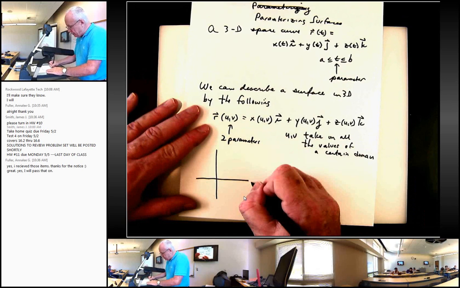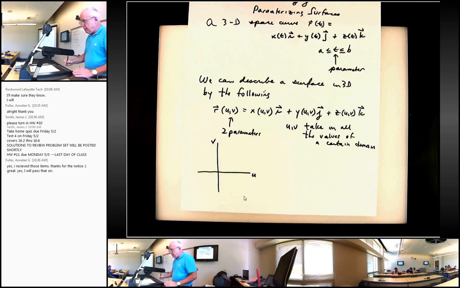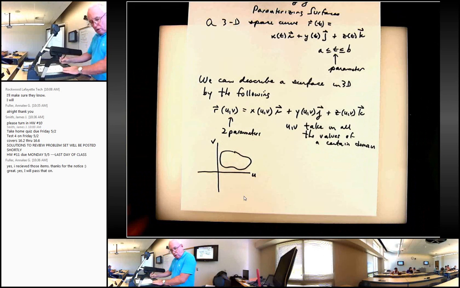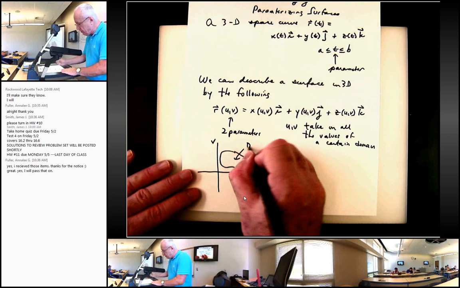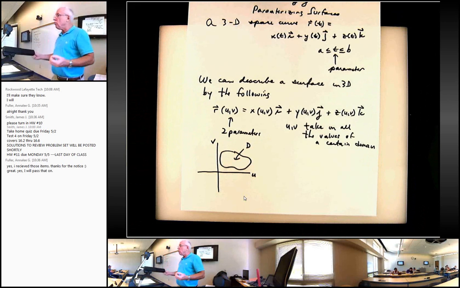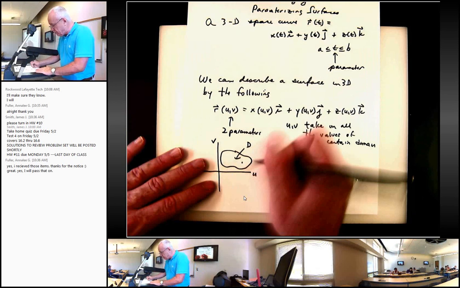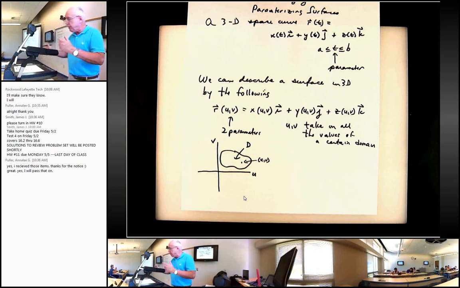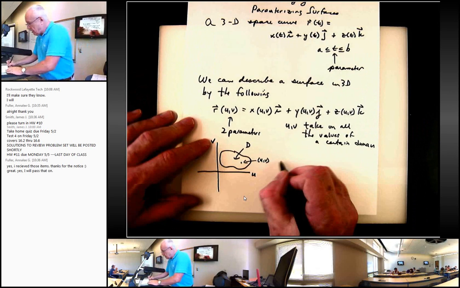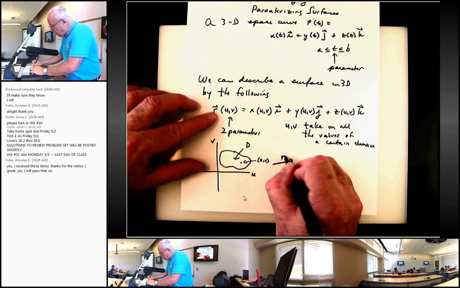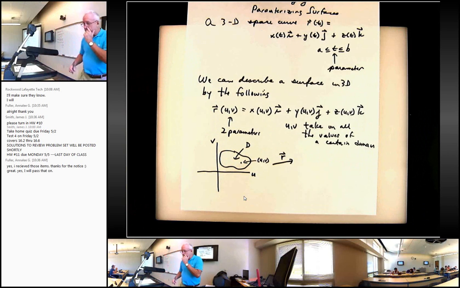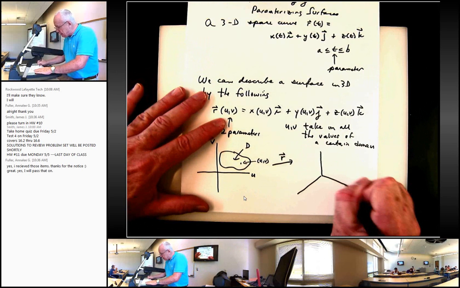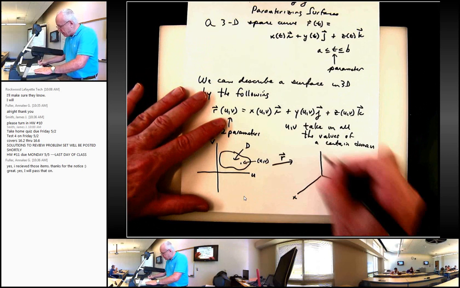So here in 2 dimensions, we have u and v. We have some region here that we'll call D. And u and v will take on all the combinations of values here. So here we have a single point, u, v, and it'll be all these different values. Then this R function, this vector, makes this into a surface in 3 dimensions, so we have x, y, and z.